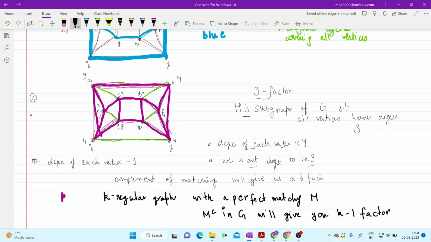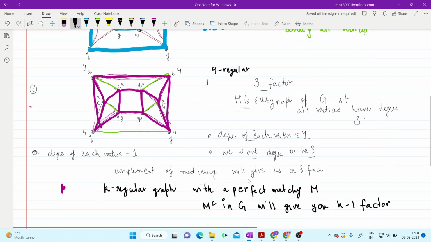Since this particular graph was 4 regular, the complement of the perfect matching here is giving us a 3 factor.